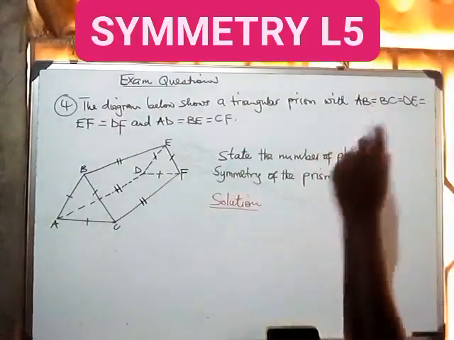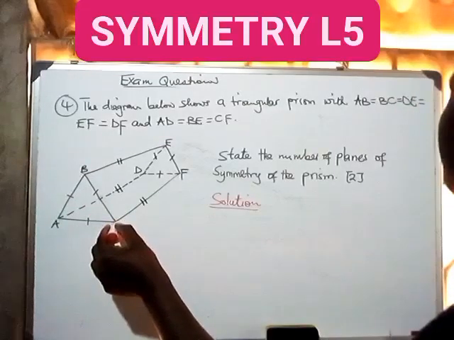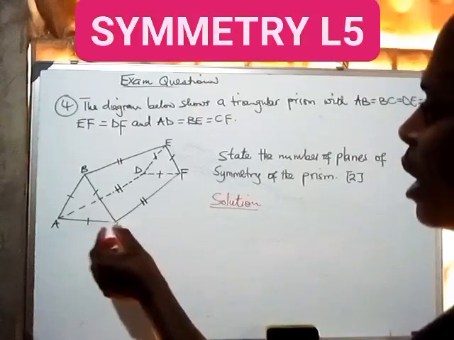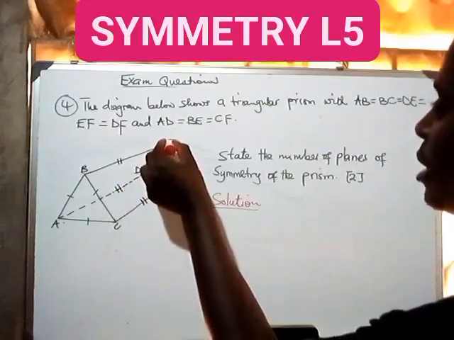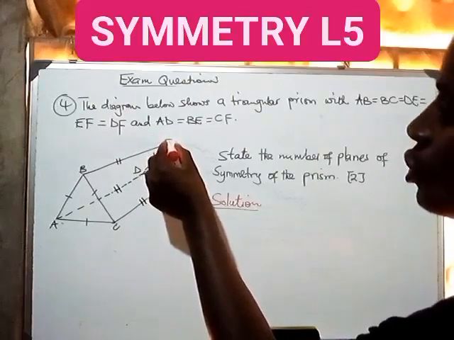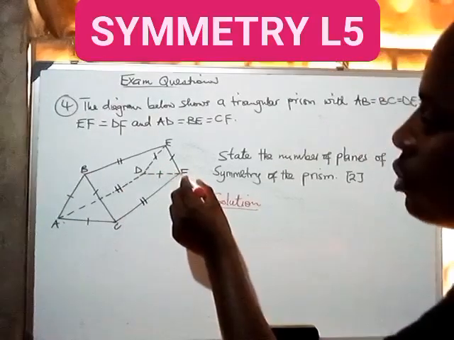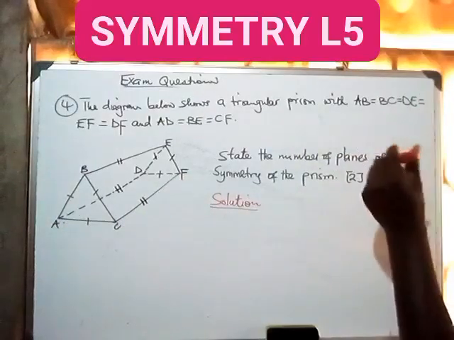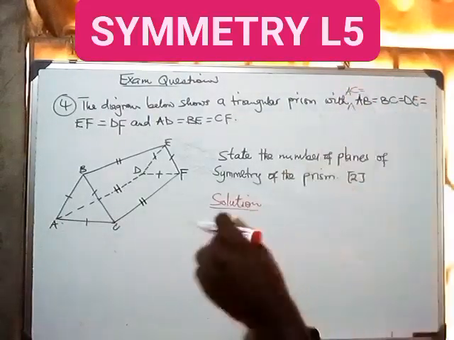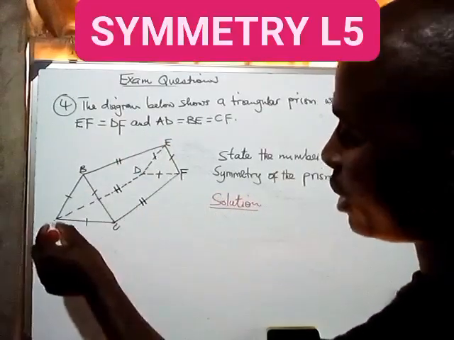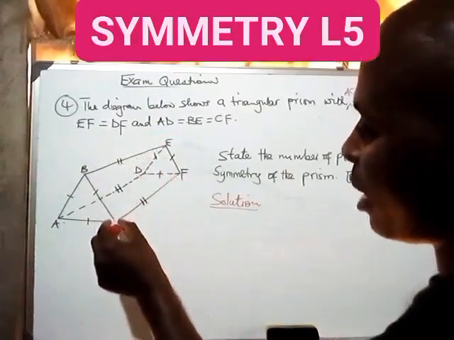Then we also have AD, which is the same as BE, which is the same as CF.